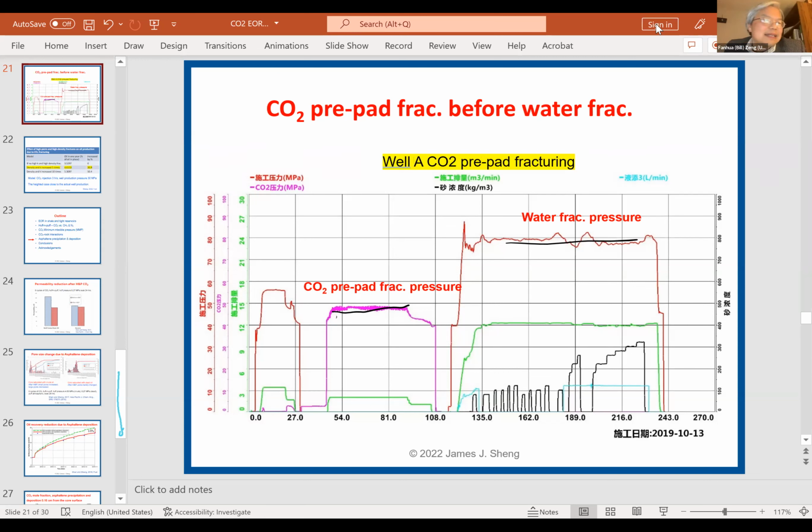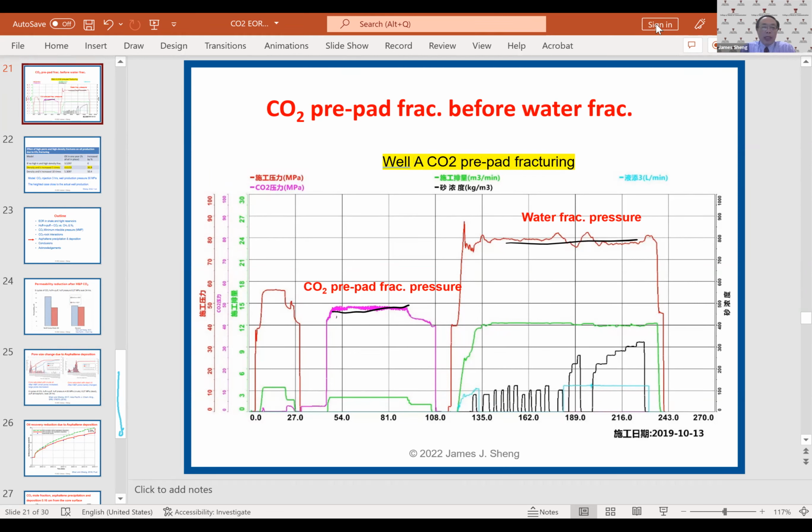Great. The next question is from Wenjie Dong. What effects does the injected CO2 have on the wettability of the rock? How much of the injected CO2 is stored in the rock or recovered with the oil? The wettability?